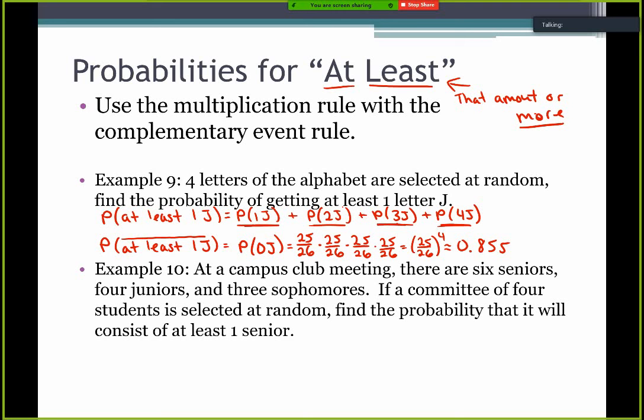So that thing we had to do to find 0 J's, that's what you would have to do to find the 1, the 2, the 3, and the 4. You would have to do that process 4 times and then add them all together. Or we can use our complement rule, and we can just subtract 1 minus the complement.